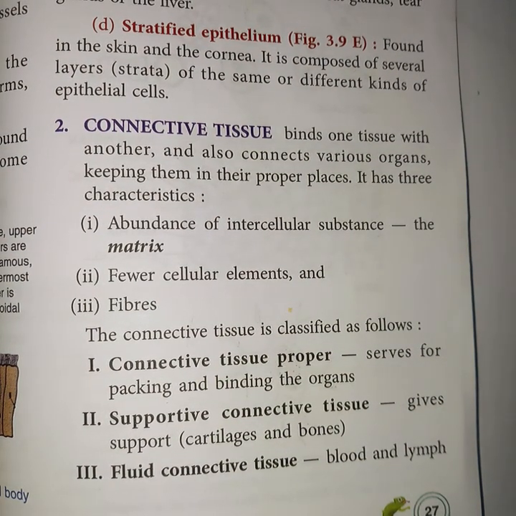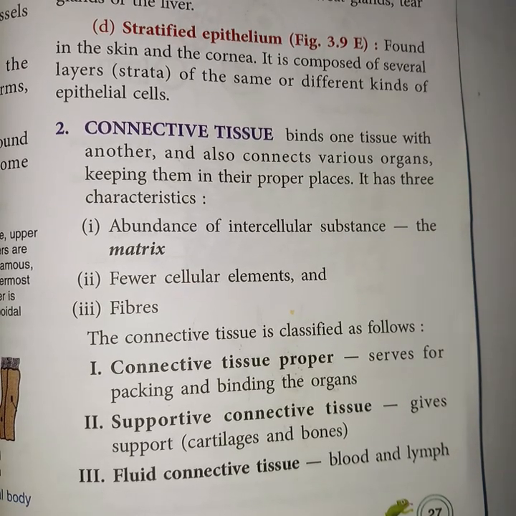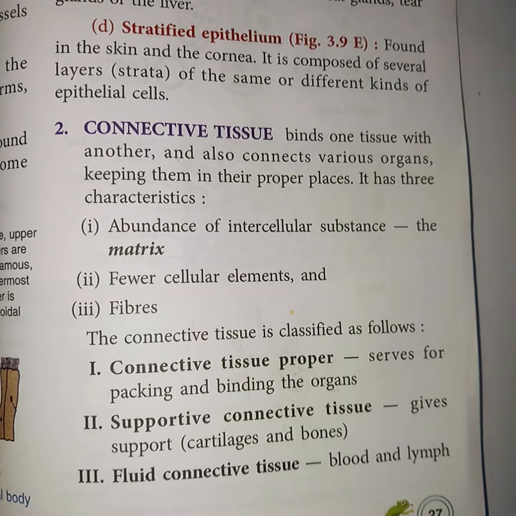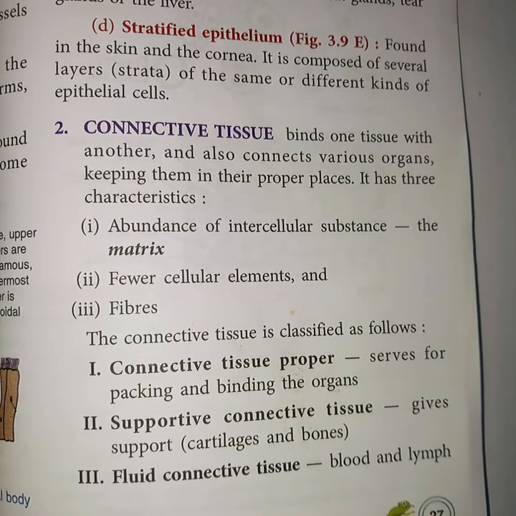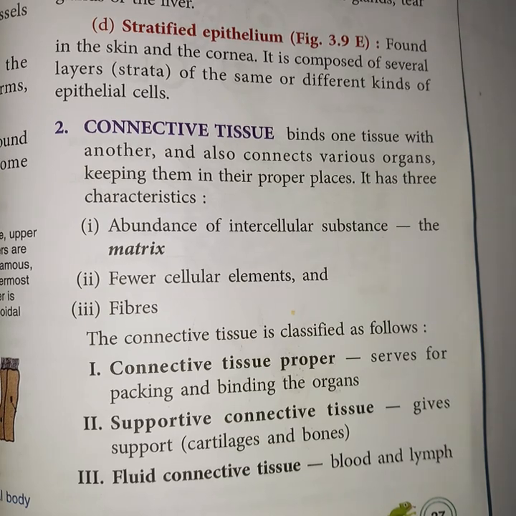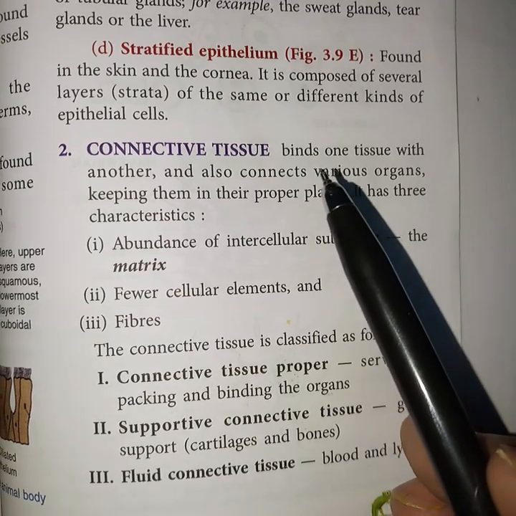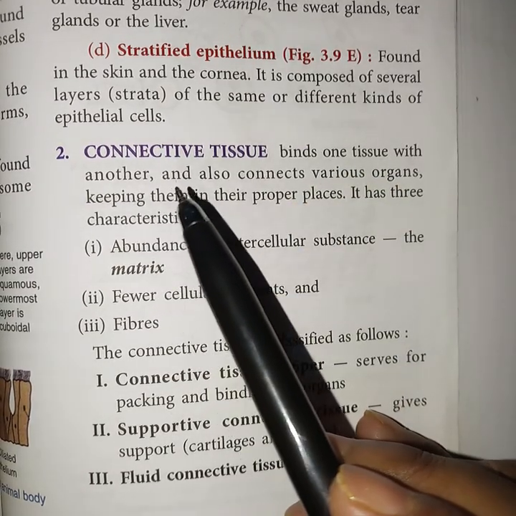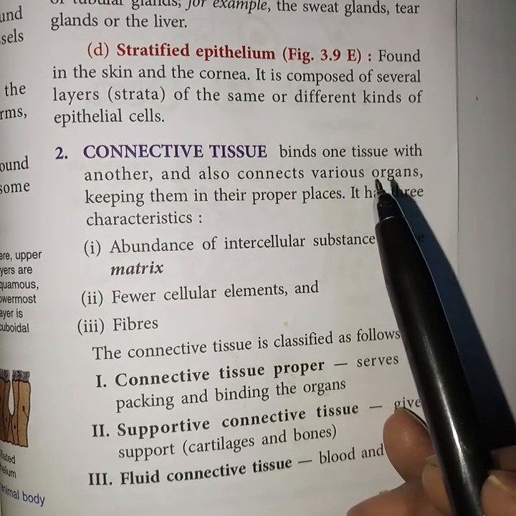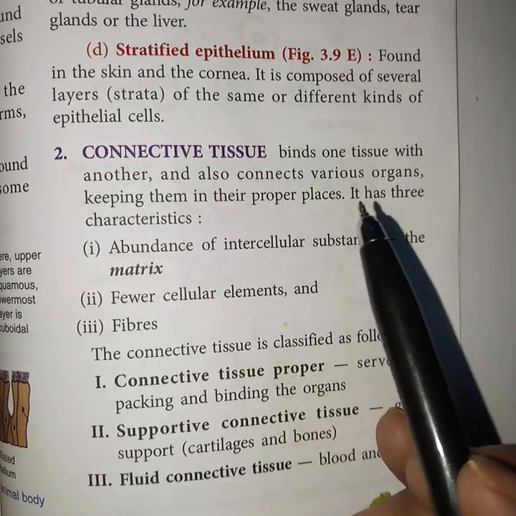Before the brief discussion, let's know what a connective tissue is. As the name suggests, it is used to connect different structures and organs in the body. So, connective tissue binds one tissue with another and also connects various organs, keeping them in their proper places.